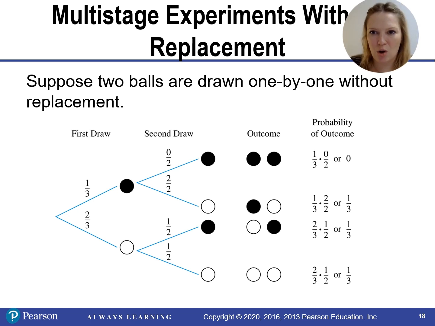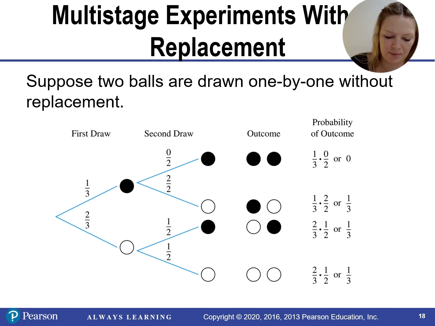So if we are not going to replace the ball in the box, the probability of what we get for the second draw is changed, because say we first draw a black ball, then the probability that we drew a black ball in the first draw was 1/3, and then we do not replace the black ball.